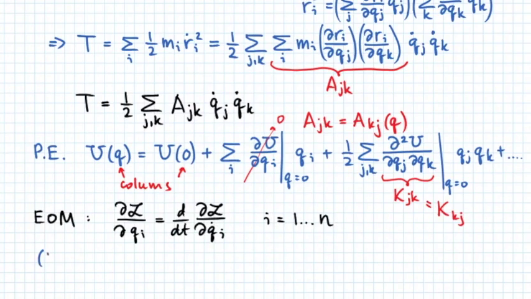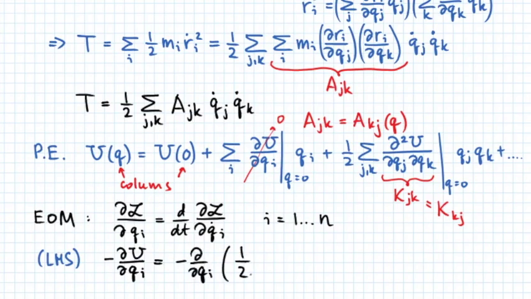First, let's work on the left-hand side. The left-hand side will be given by the partial derivative of u with respect to q sub i, or it will be given by the partial derivative with respect to q sub i of the double sum jk, k sub jk times q sub j times q sub k.